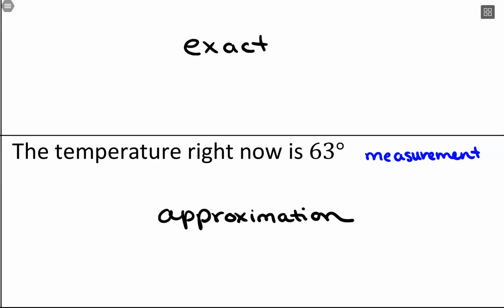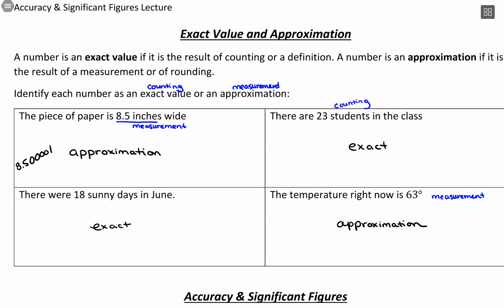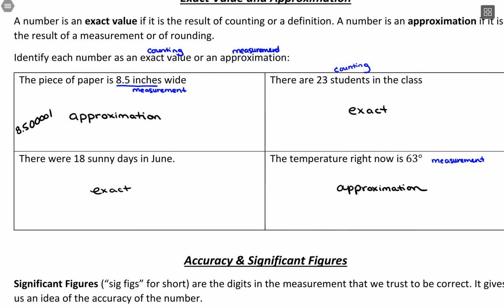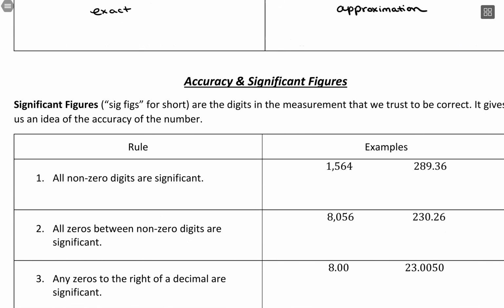Okay, so with this, when we're dealing with approximations, we want to have a form of rounding. And we've talked about rounding with decimals before, like rounding to the tenths place or hundredths place, and that can be beneficial. But this new form of rounding that we're going to talk about is with significant figures.